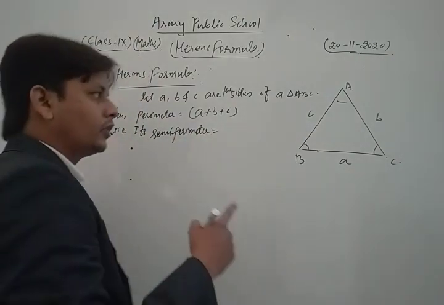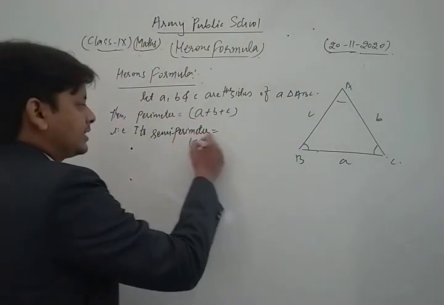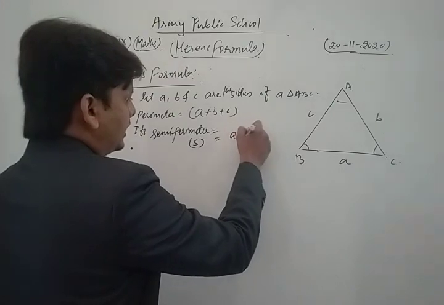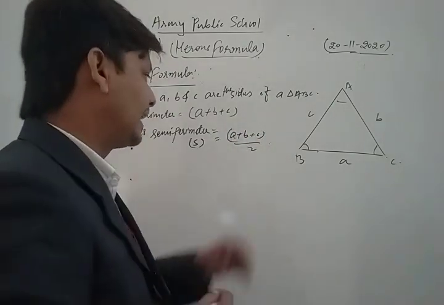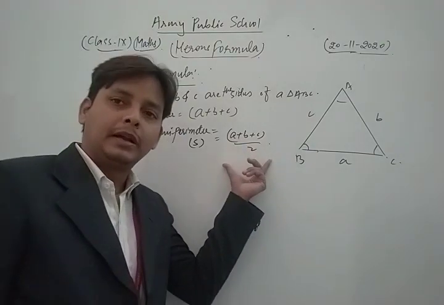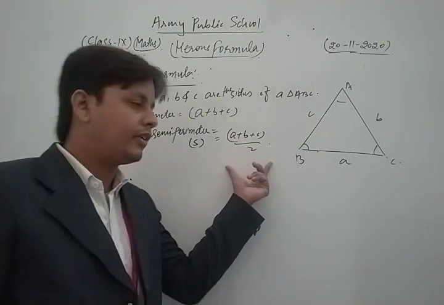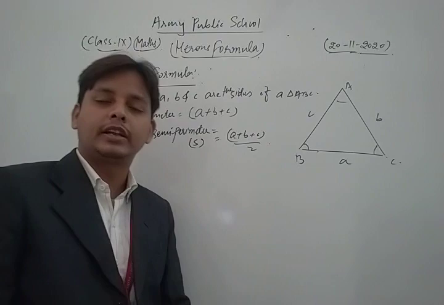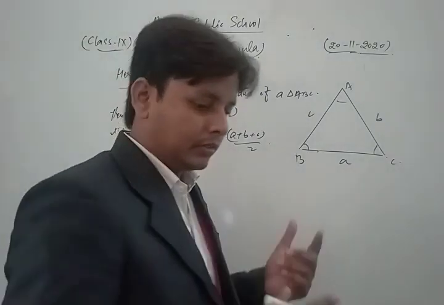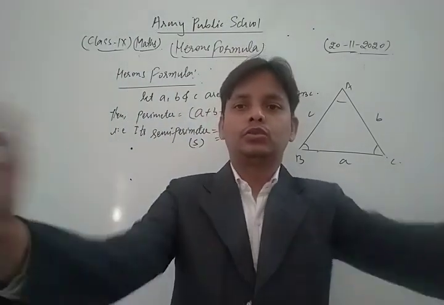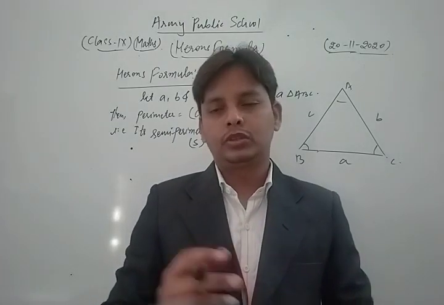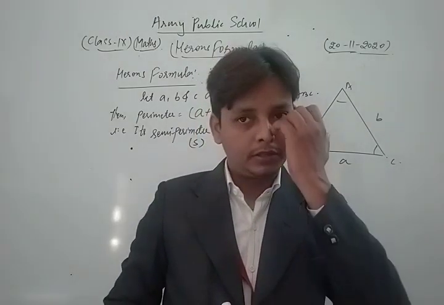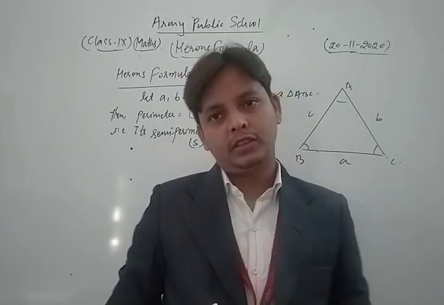The semi-perimeter of the triangle is represented as S, so half of the perimeter: A plus B plus C upon 2. First of all, we find the semi-perimeter of the triangle ABC, which is denoted by the letter S. So S can be obtained by the sum of all its sides divided by 2. This is the general formula for the semi-perimeter of a triangle.